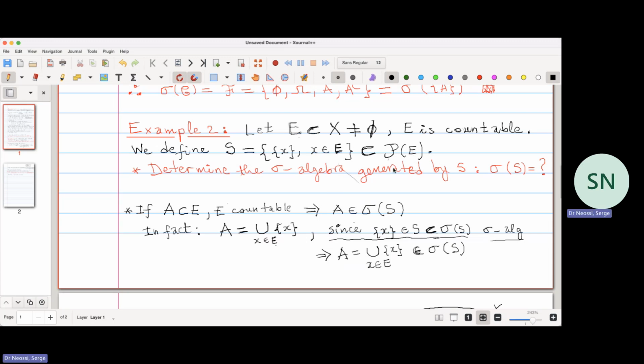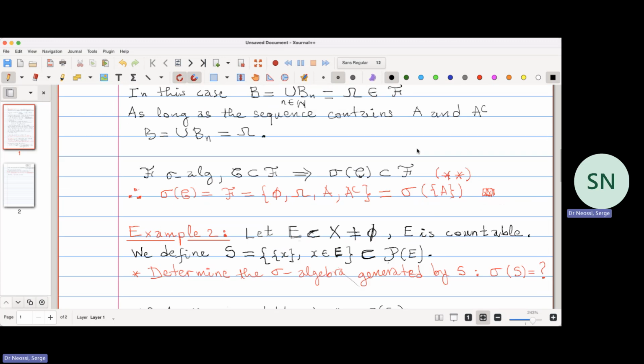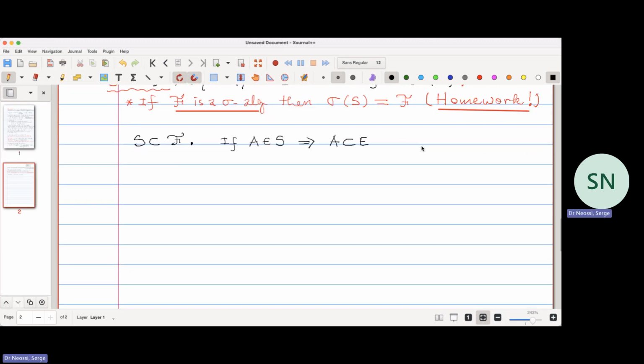Okay, but let me repeat it again. So any element here, if I take an element of S, it is a subset of E. If A is in S, A will be contained in something of this form.